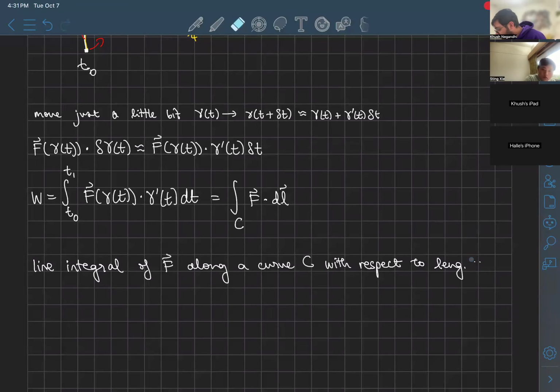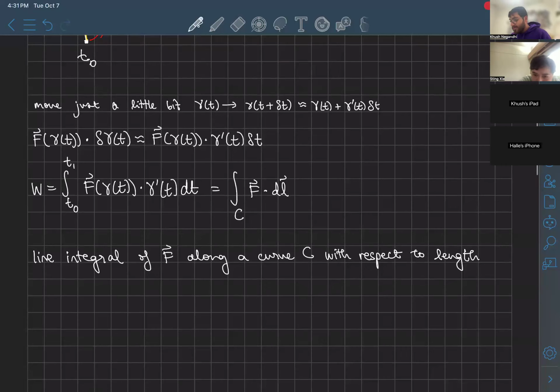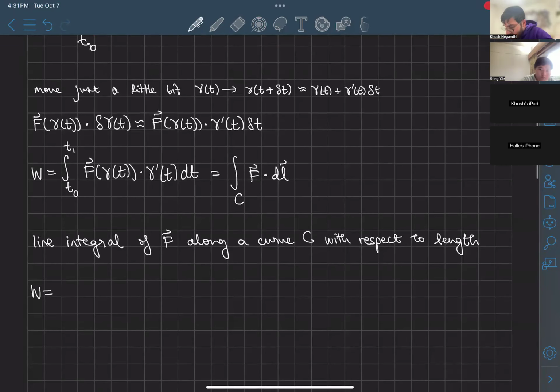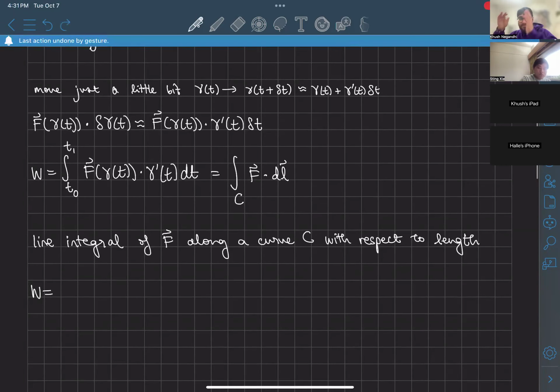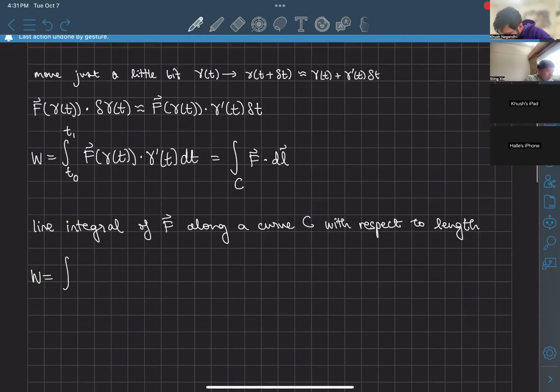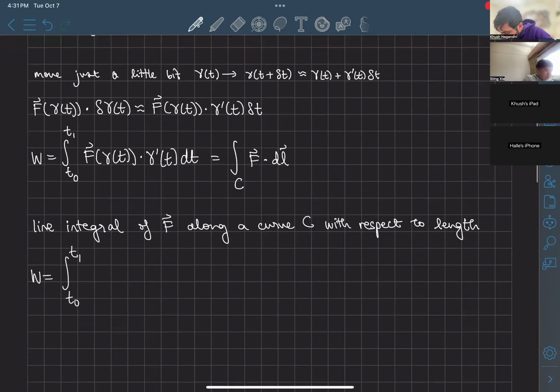So all this means is that if I move a certain portion along the curve, my integrating variable is how much work is being done in terms of how far along the curve I am. Okay. And all I'm going to do here is replace this with the distance. So you're left with something that looks like this. Okay.